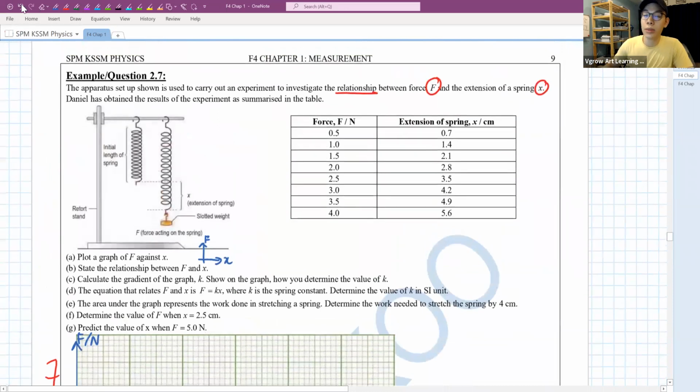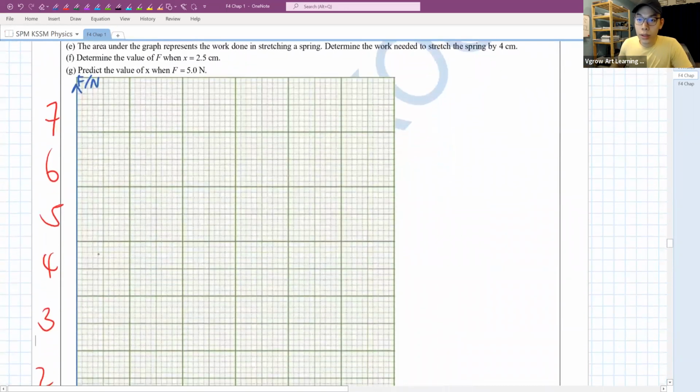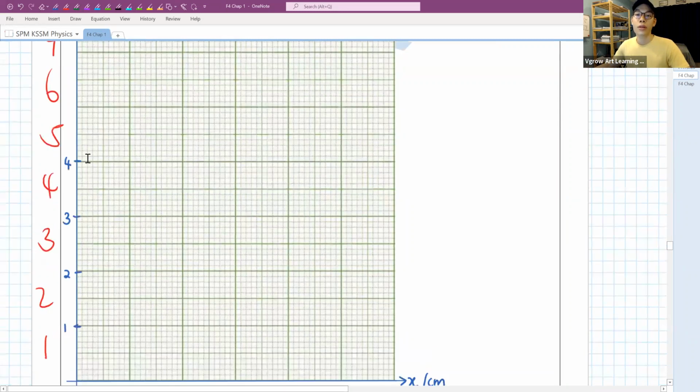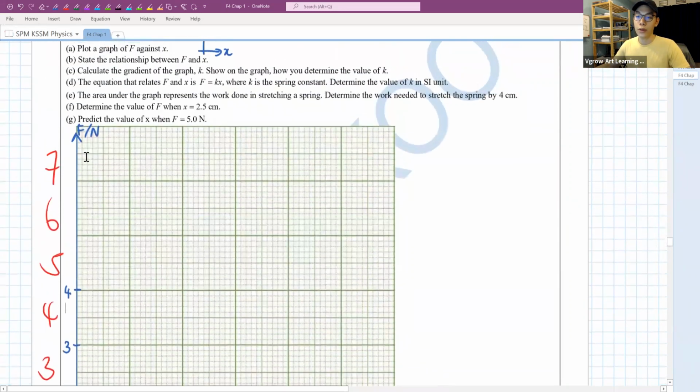That means we can do maximum until here only 4. Which means here is 1, 2, 3, 4 like that. Yeah, 1, 2, 3, 4. Okay.